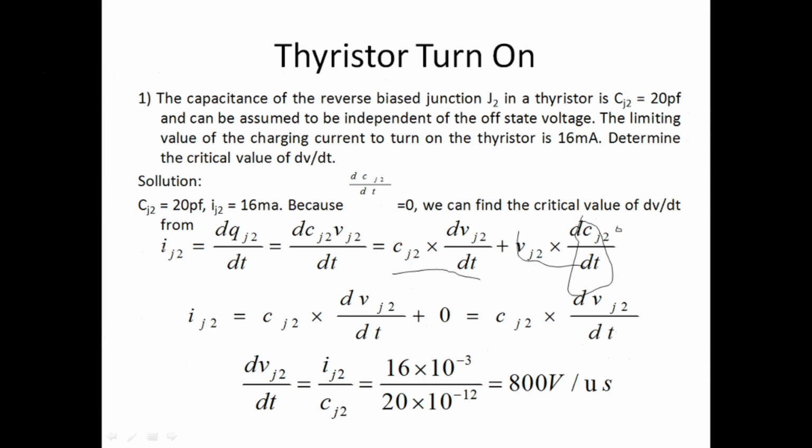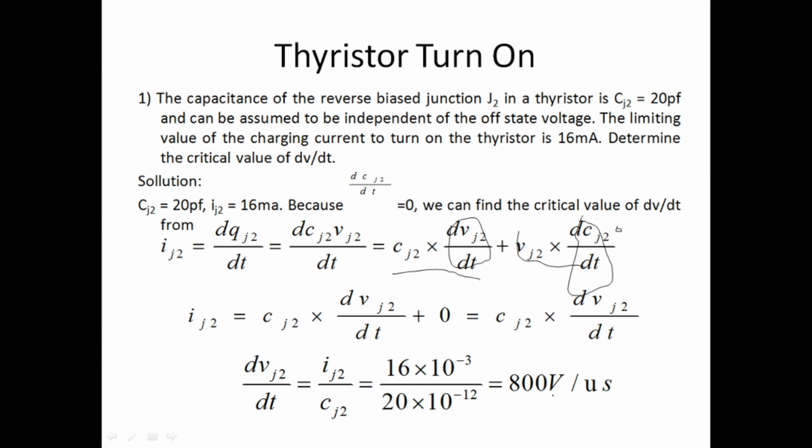We need to calculate dVj2/dt. So dVj2/dt is Ij2 divided by Cj2, that is the limiting current divided by 20 picofarad.